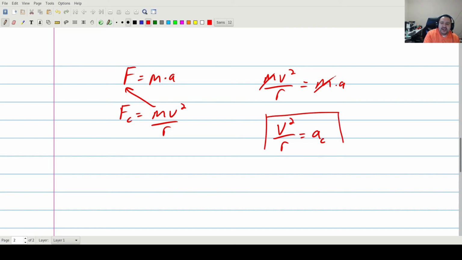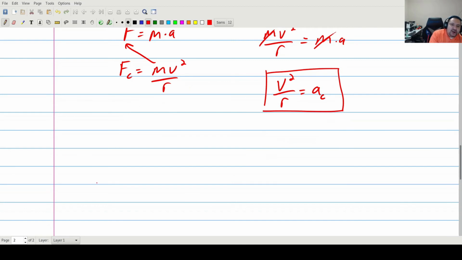Now, this is a pretty basic formula. So, for instance, in order to go around a full circle vertically, your centripetal acceleration is going to have to be more than gravity. If you don't have that kind of centripetal acceleration, you will fall off. Here's what I mean. Let's imagine a car that is going around.